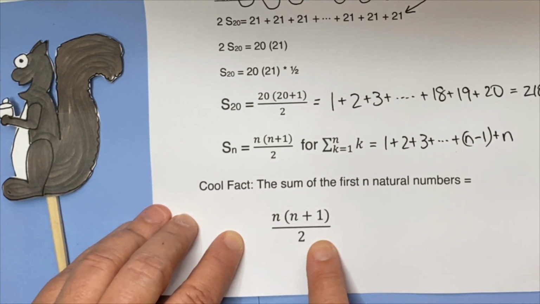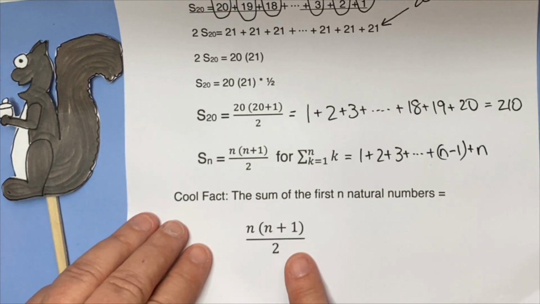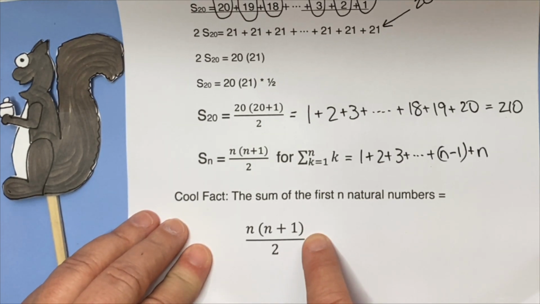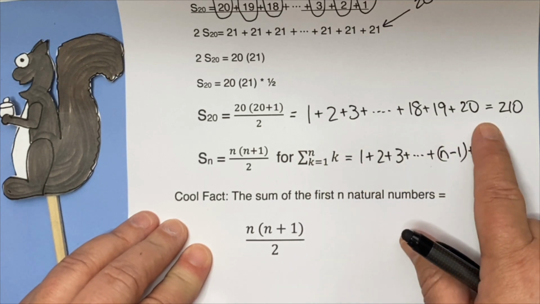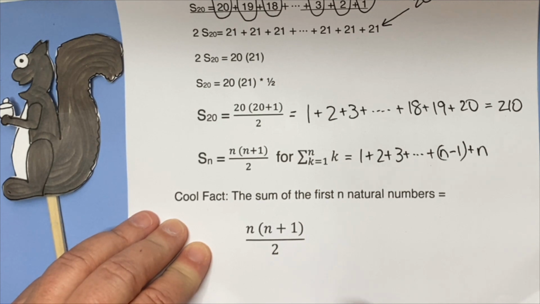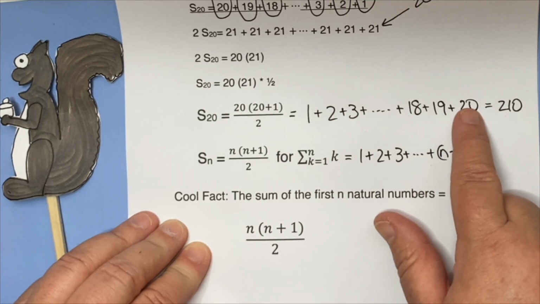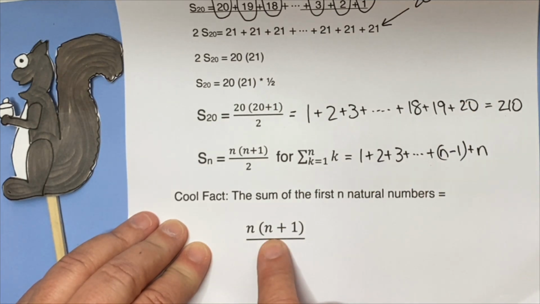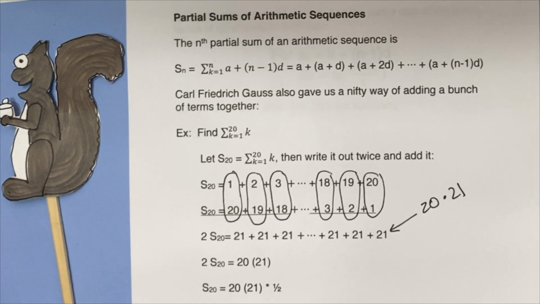And this is something you want to tuck away somewhere really important, because this comes up all the time in math. How do we add these all together without having to pull out a calculator and going 1 plus 2 plus 3? This is the formula. The last number times a number one bigger, so 20 times 21 divided by 2. Okay.